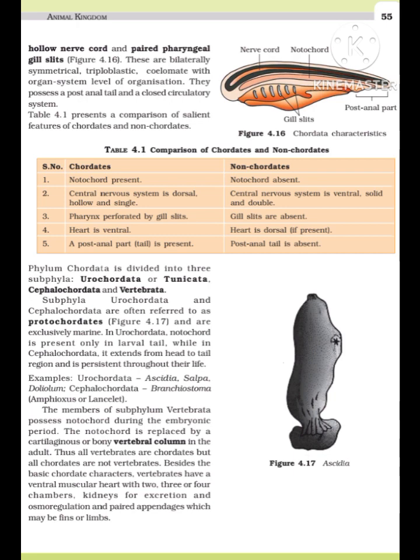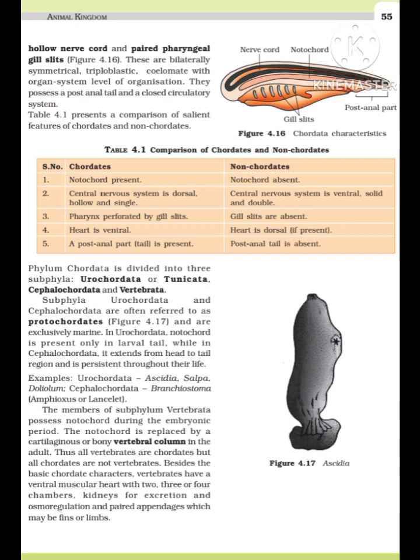They possess a post-anal tail and a closed circulatory system. Table 4.1 presents a comparison of salient features of chordates and non-chordates. Figure 4.16 Chordata characteristics. Table 4.1 Comparison of chordates and non-chordates.